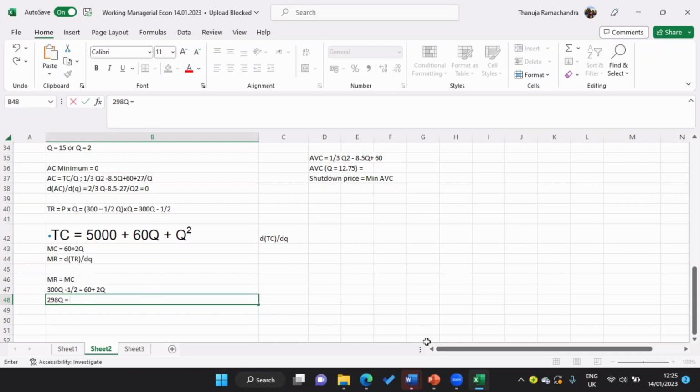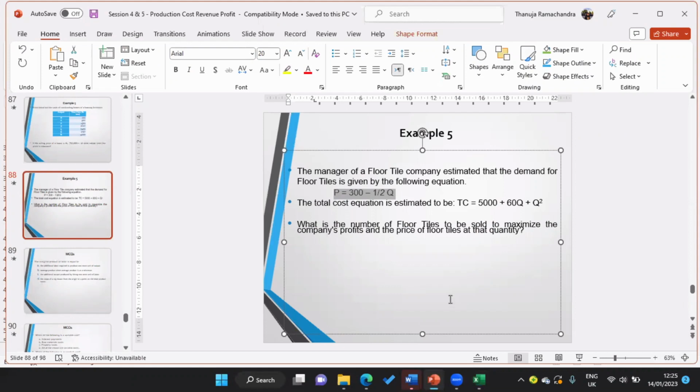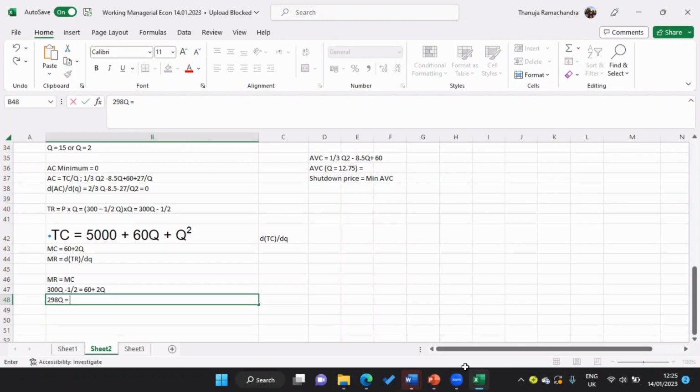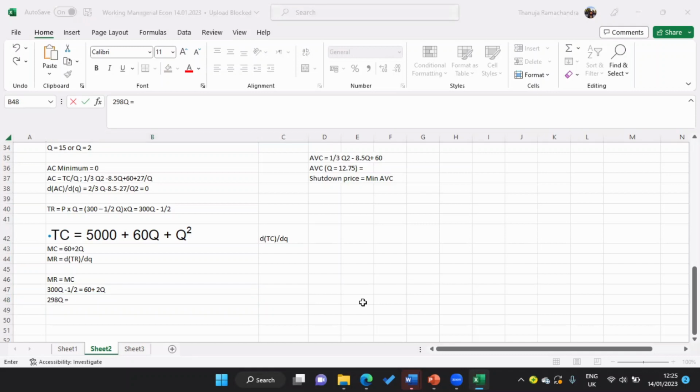It doesn't matter, as long as you are correct with the concept. And so TR equals 300Q minus half.